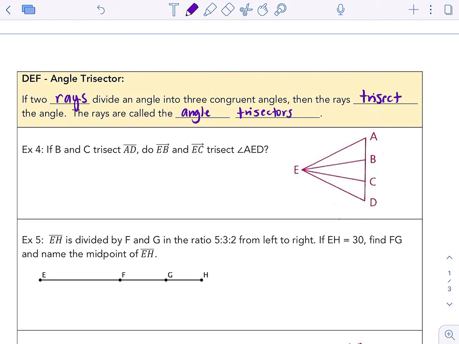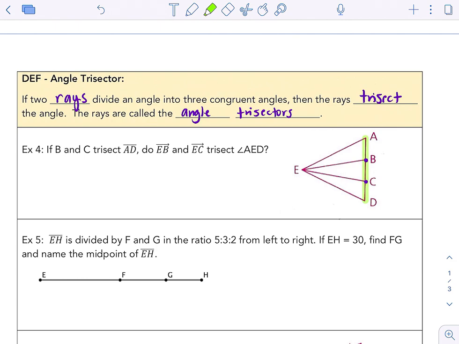All right, so let's start to put this together and see how this all works. So here in our next example, it says if points B and C trisect segment AD, do ray EB and ray EC trisect angle AED. So looking at my trisection points, that is B and C, and they trisect segment AD.